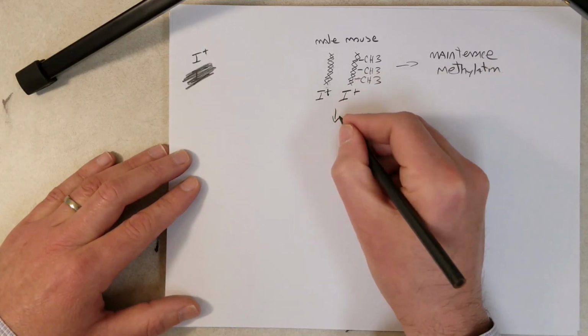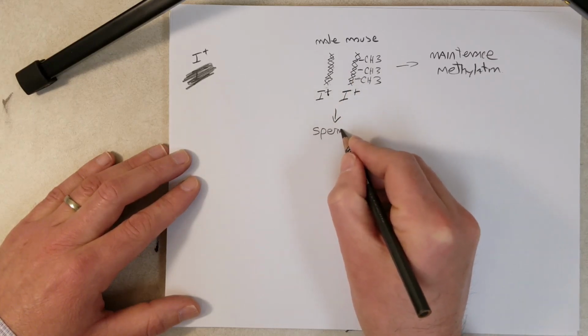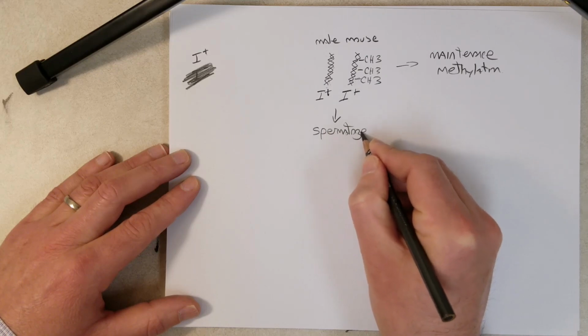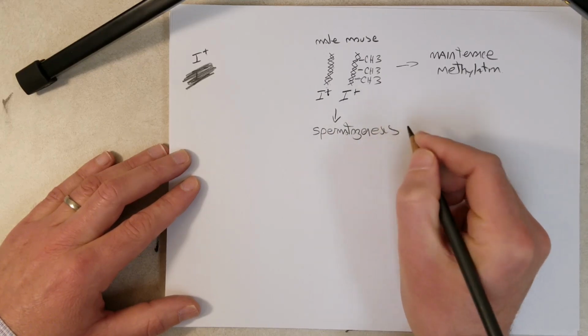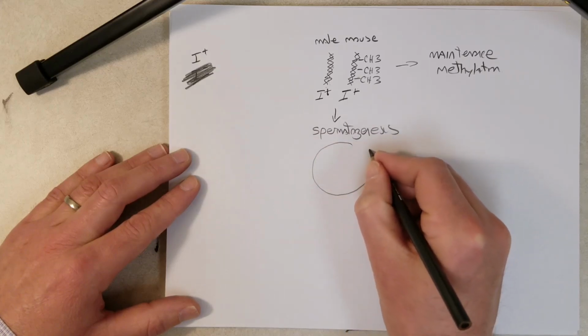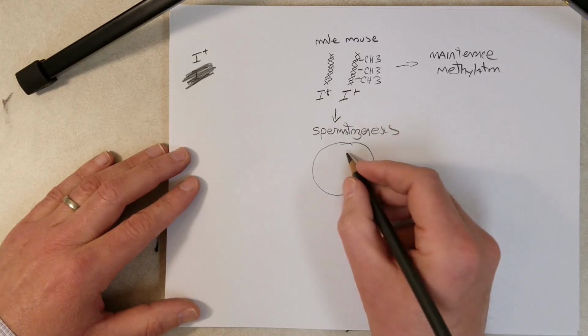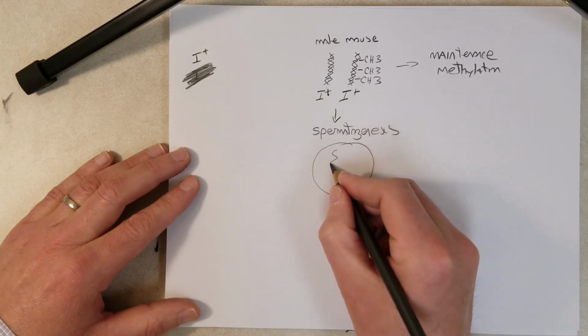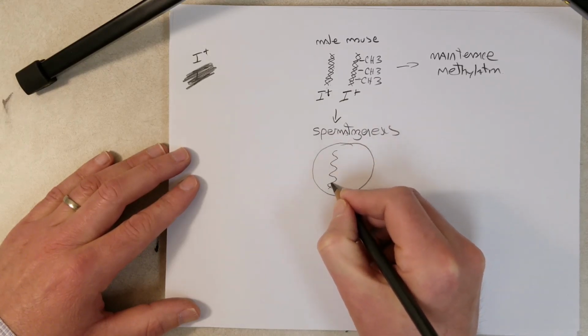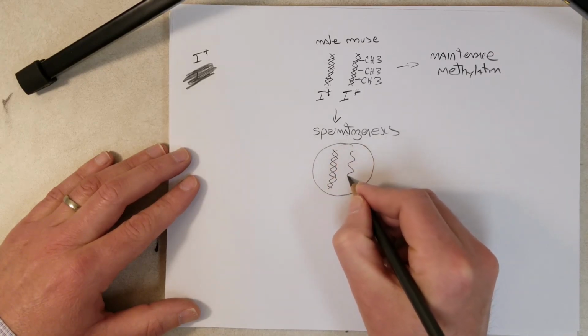Now, I said all somatic cells. It turns out during spermatogenesis, very early in meiosis, maybe even before meiosis really begins, the methylation marks are going to be erased from the paternal allele.